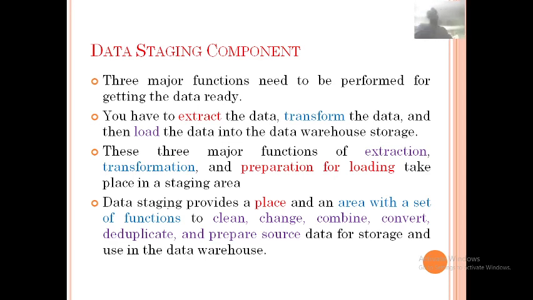Extracting means getting the data from the source, and transforming means converting the format it currently has into the format which the data warehouse supports. The first database source has one data format, the second has a different format, so we need to make them a single format.